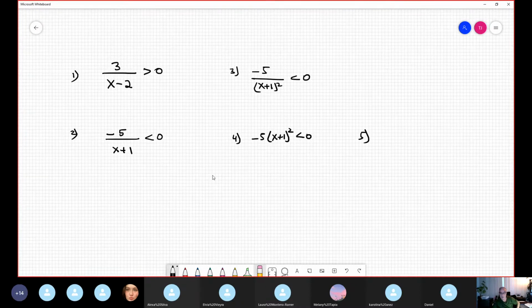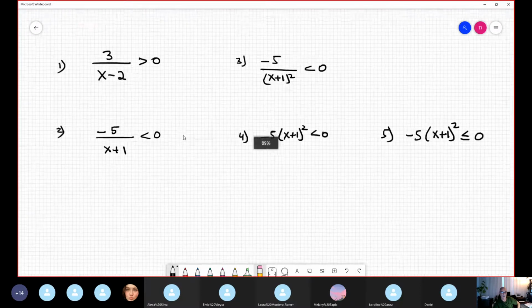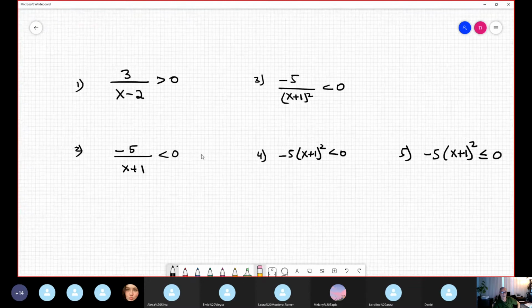Number 5. Okay, is -5 again, x plus 1 square less than or equal to 0. Well, similar to what I commented the last time, the numerical value, if it's positive, we can ignore, because I know perfectly that this guy is positive always.